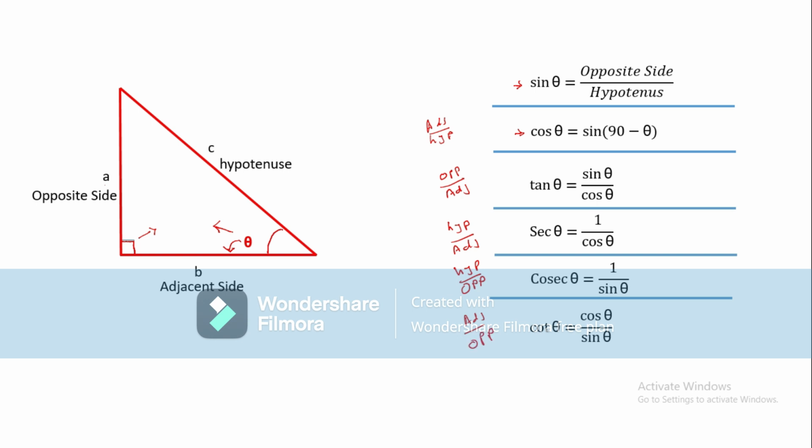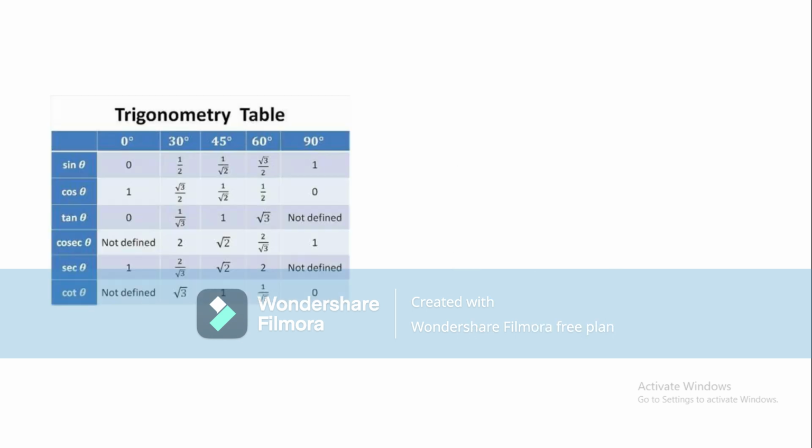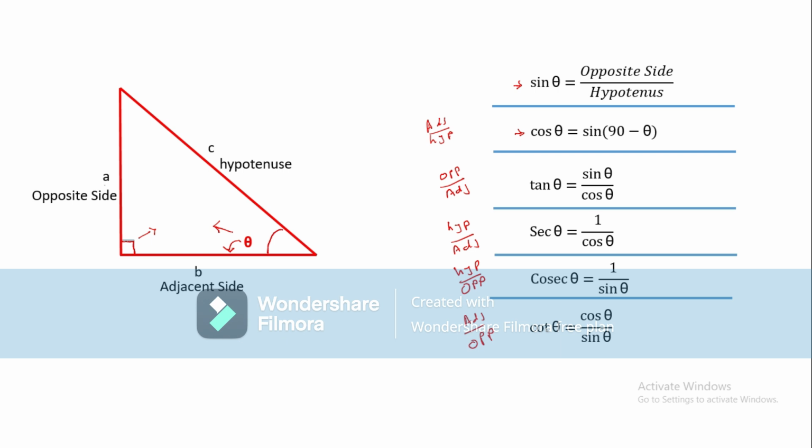Over here we have defined the relationship between sine theta, cos theta, tan theta, sec theta, cosec theta and cot theta, to remember the values for all the different angles that we will be discussing in a few minutes. Based on these relations, we need to remember the values of sine theta, and using this relationship, we can derive the values of the other functions.